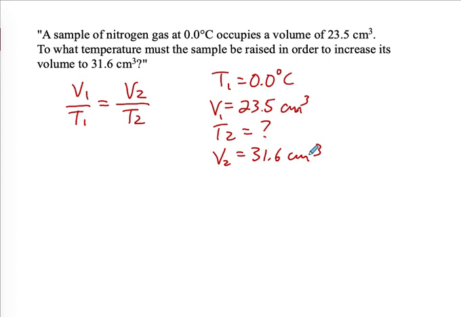So to isolate T2, the best way to algebraically rearrange this is to cross-multiply and divide. When I cross-multiply this expression, I get V1 T2 equals T1 V2. To isolate T2, I will divide both sides by V1.